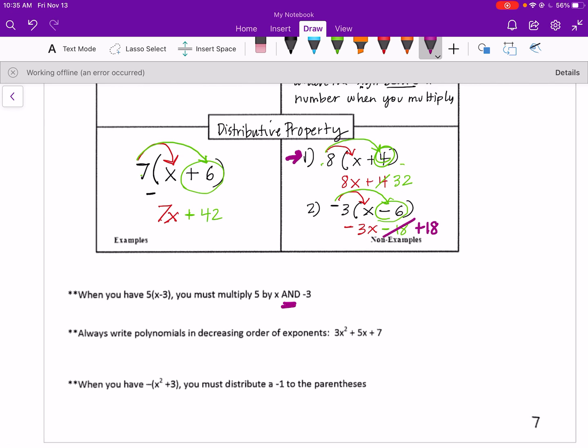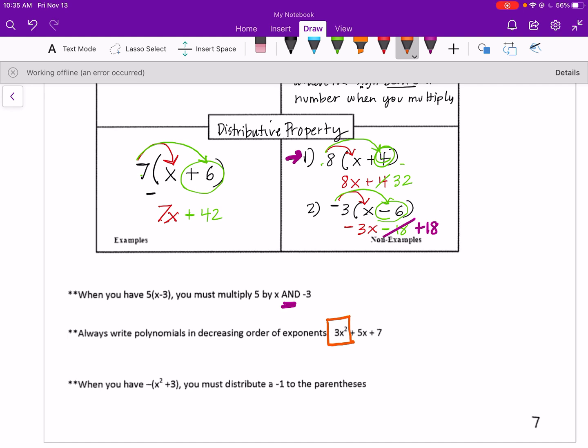And then if you have something that has lots of variables in it, and say you have variables that go in decreasing order. So it says always write polynomials in decreasing order of exponents. So see here I have, let me pick up the orange. I have a term here. I have 3x squared.